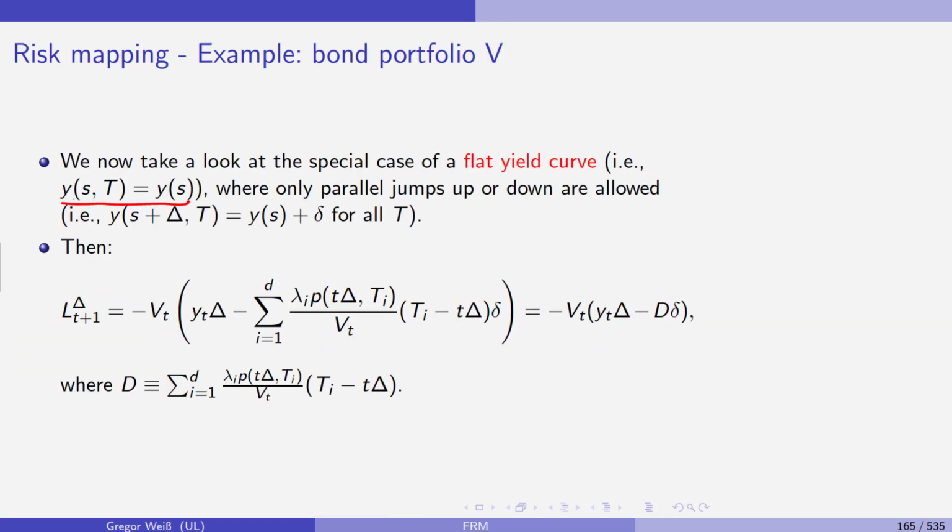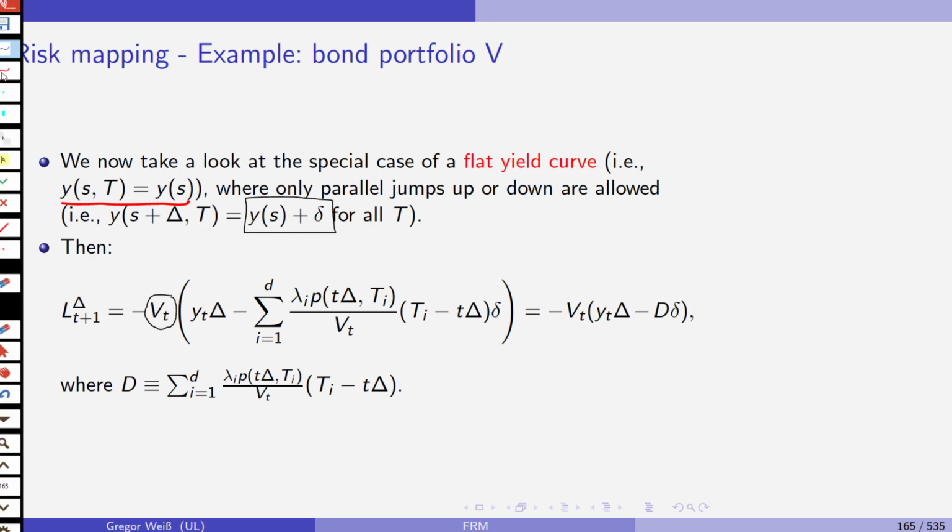Then we can simply substitute Y(S, T) by Y_S, and we only allow parallel jumps. So the flat interest rate curve can go up and it can go down, but it cannot bend. Then Y_S plus delta, and what we get is the linearized loss is given by minus the initial portfolio value. Let's use a red pencil again.